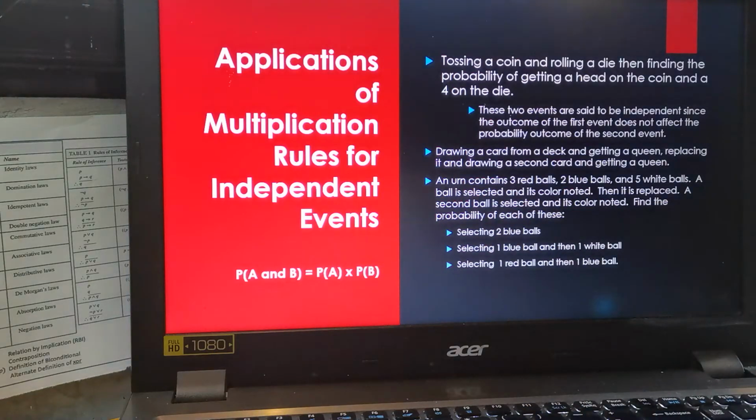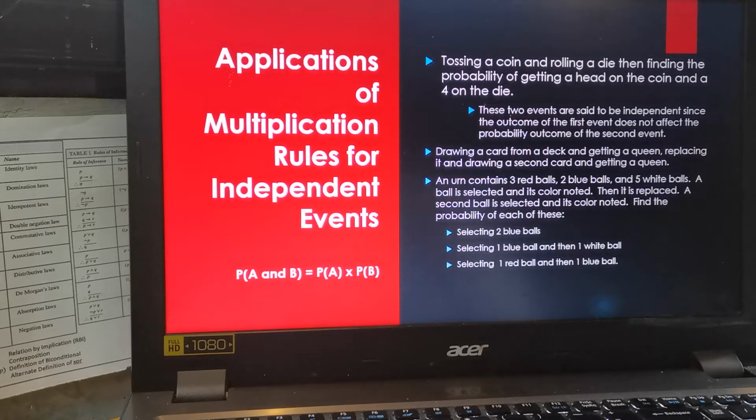Okay? So, this is our examples. Tossing a coin and rolling a die. Ibig sabihin dito, yung ine-end natin dito ay yung events. Okay? Huwag kayo malilito ha. Kanina, or na may end. Ngayon naman, and.